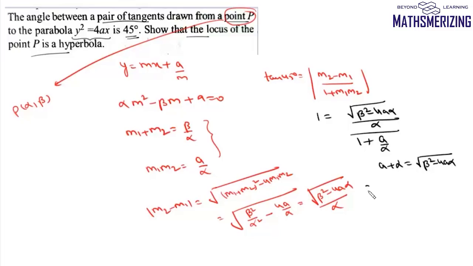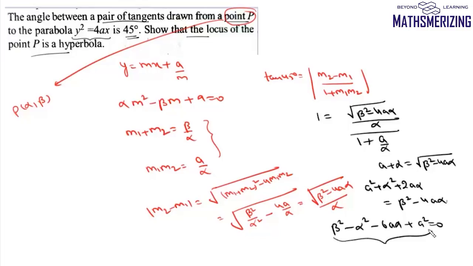So if I square it, I'll get a square plus alpha square plus 2a alpha, and this is beta square minus 4a alpha. So we can rewrite this equation as beta square minus alpha square minus 6a alpha plus a square equals 0, which is a second degree equation in x and y.